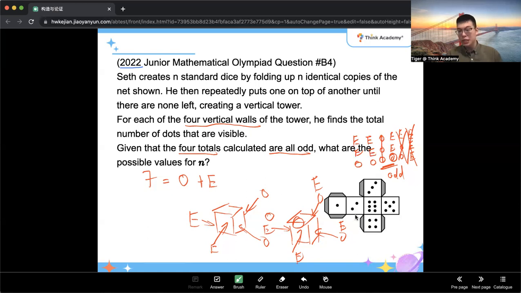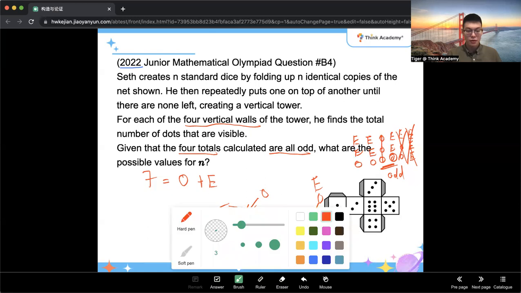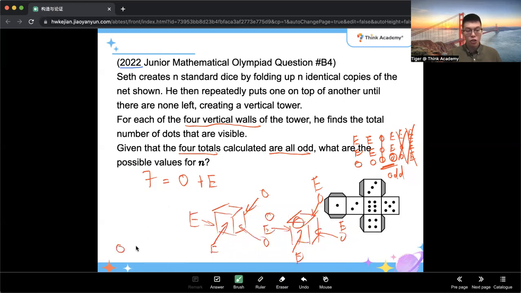So we just need to arrange the odds now. So it means that, for example, for the 3 layers, if I have odd, odd, even, even in the first layer, I can have odd, odd, even, even in the second layer, and then odd, odd, even, even in the third layer, right?